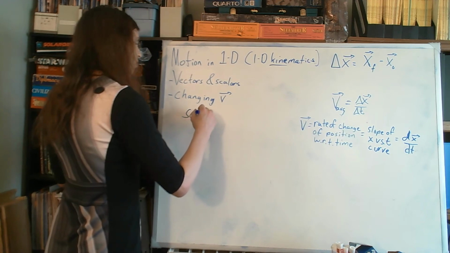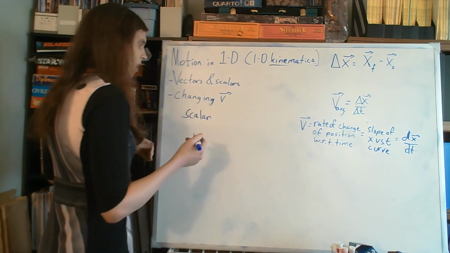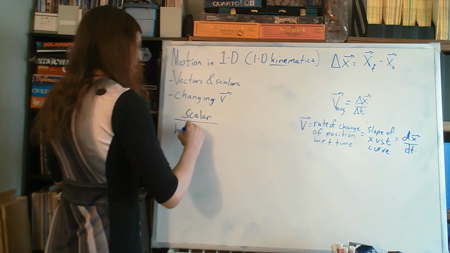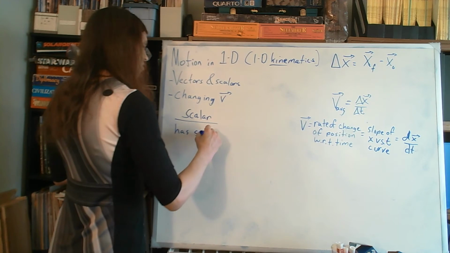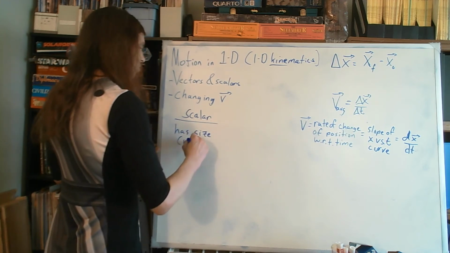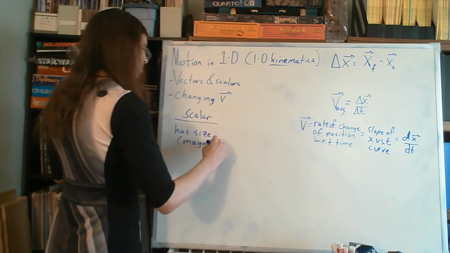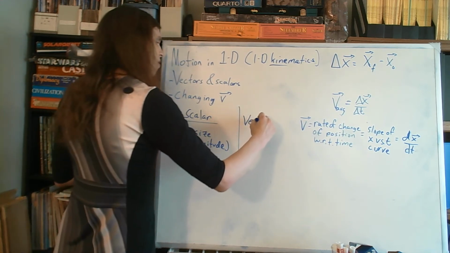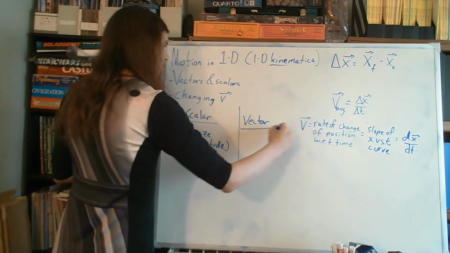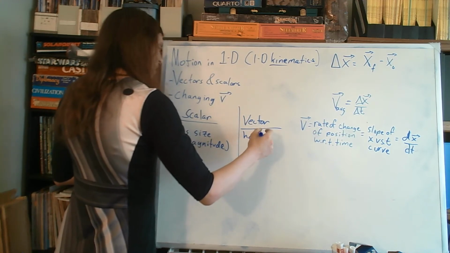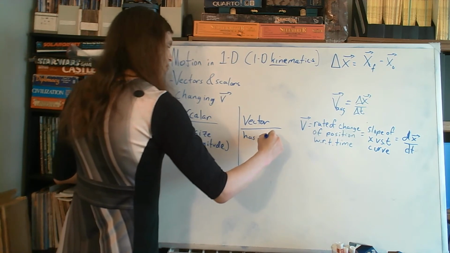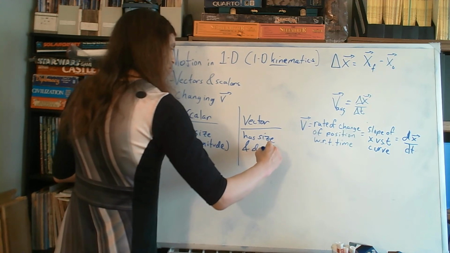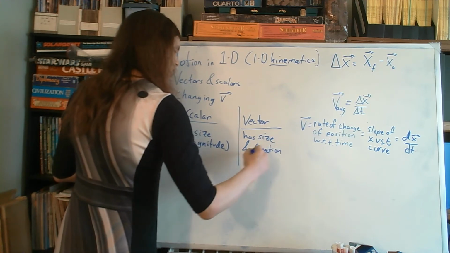A scalar has size, or we say magnitude, and a vector has size and direction.